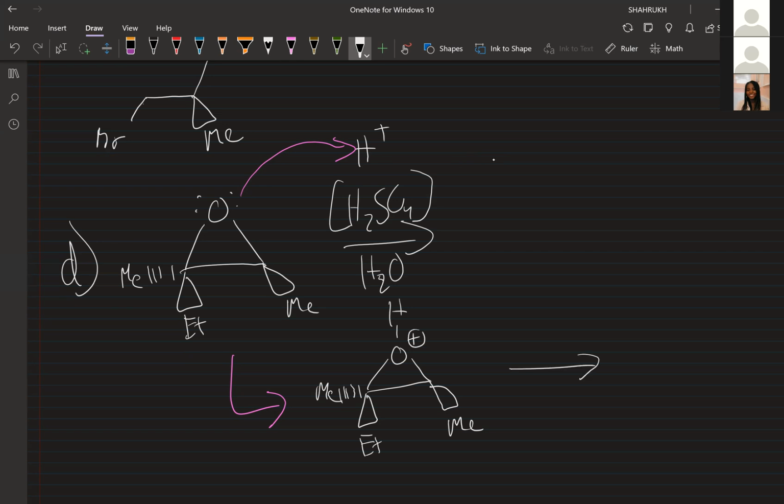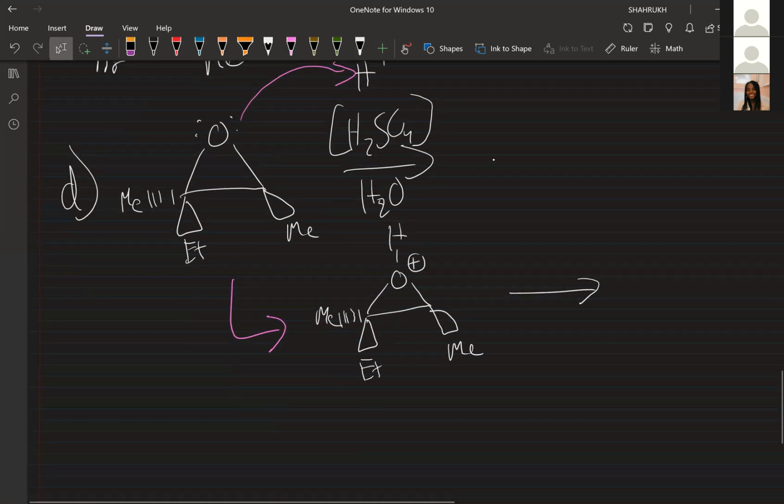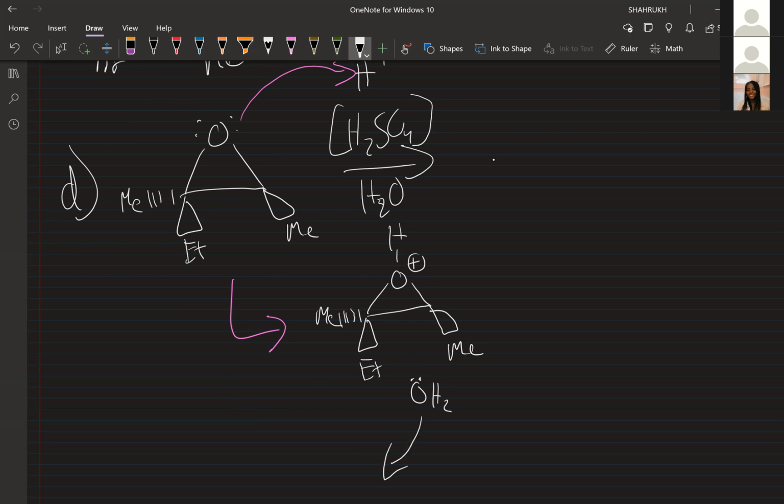So now the next step is our water. It's going to, let's go down this way. I'm going to write water as OH2, so it's easier to use as a nucleophile. So now, what do you guys think is going to be left or right side?